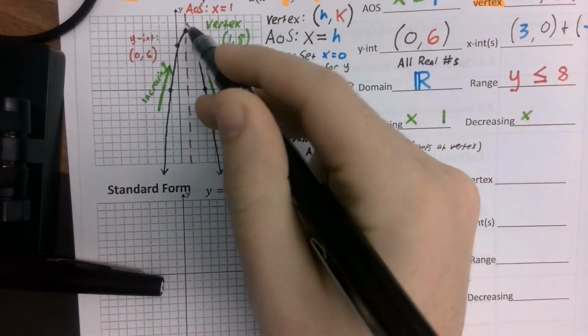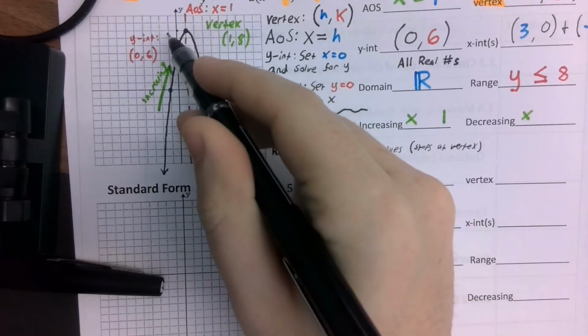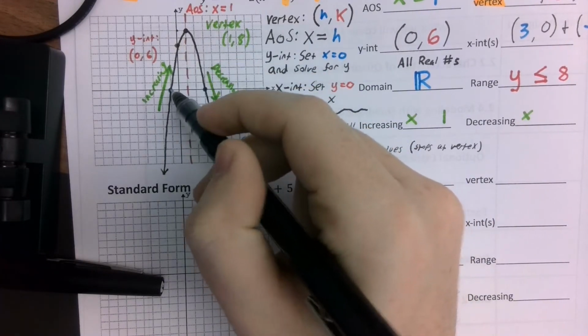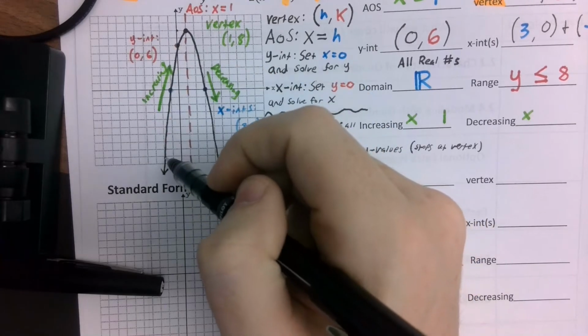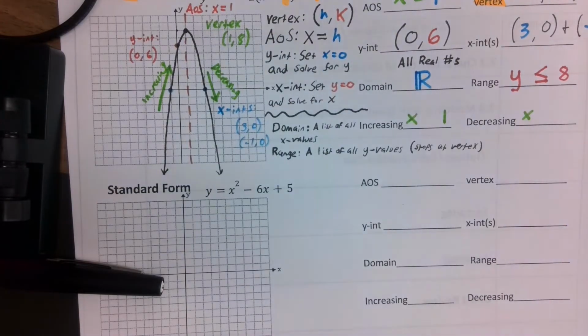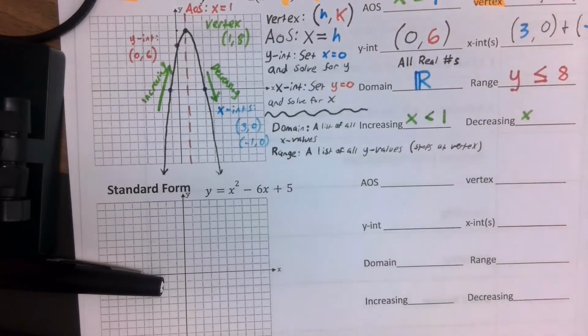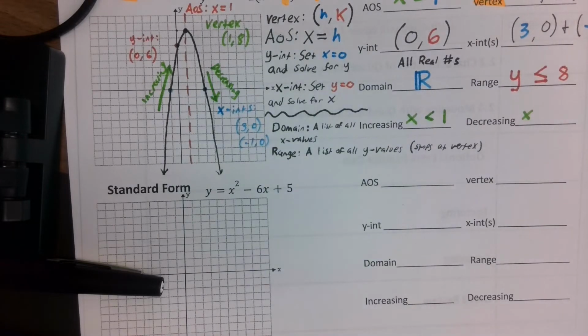Think about it. Here's x is 1. Here's x equals 0, we're down here. Here's x equals -1, we're here. X equals -2, we're here. We're increasing up until x equals 1. So we say, when x is less than 1, it's increasing.